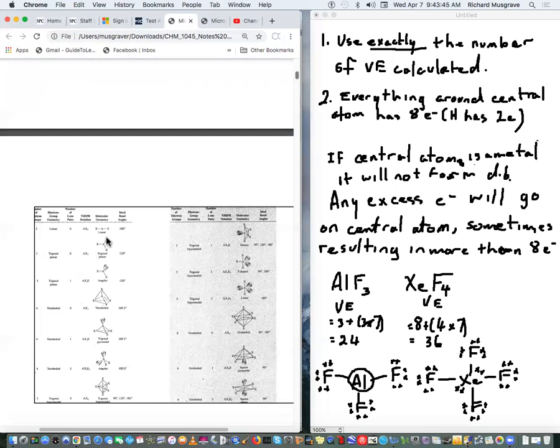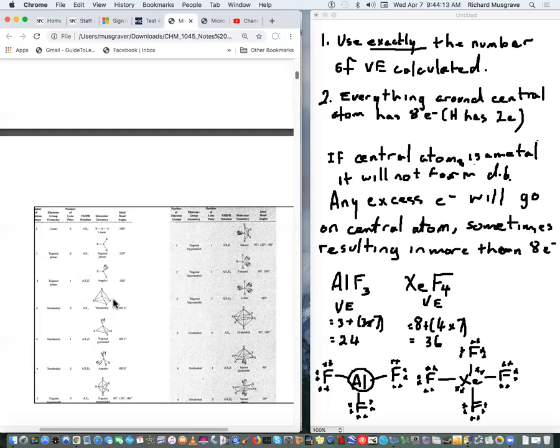So these are all different shapes for all the different numbers of lone pairs and atoms that happen to be around the central atom. When I talk about electron groups, an electron group is defined as being an atom or a non-bonding electron pair. That is anything that actually happens to take up space. Now, the tricky part is that there's 2 kinds of shapes that we're going to talk about.